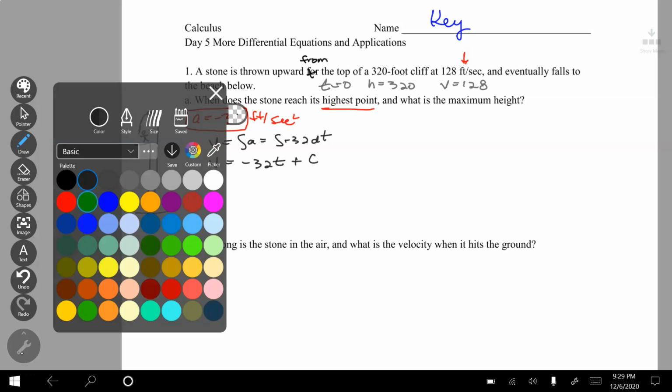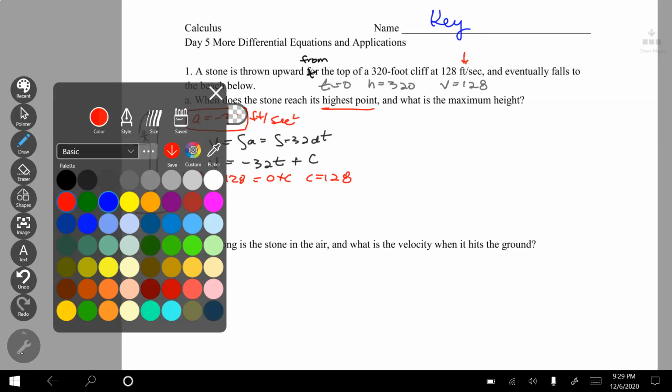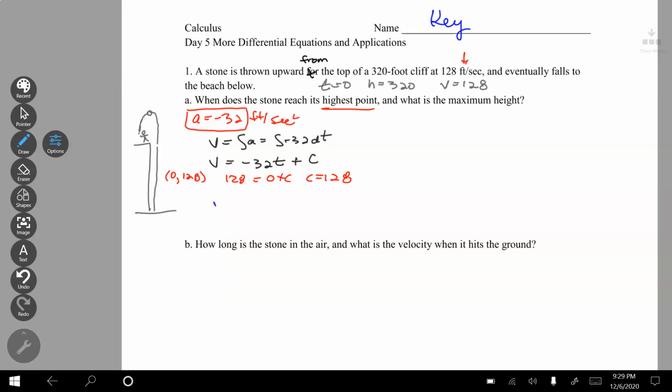And I could use 0, 128. So I got 128 equals 0 plus c, or c is 128. So my velocity equation is negative 32t plus 128. That is my velocity equation.